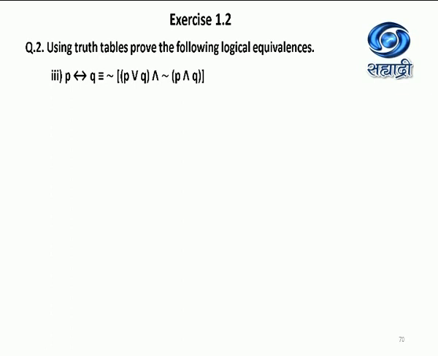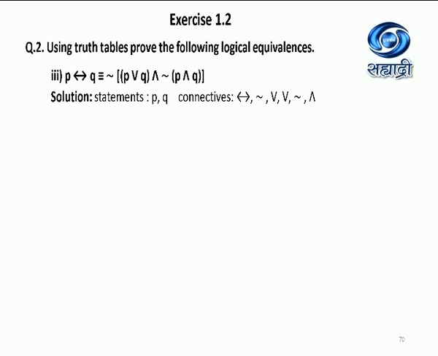It's the third sum. P if and only if Q is equivalent to negation of the bracket P or Q and negation of P and Q. We have to construct the truth table, but before that, for your understanding, I have counted the statements. The statements involved in both left and right hand side are only 2, P and Q. Even if they are repeated, as I have already told you in the earlier session, P and Q are to be taken only once.